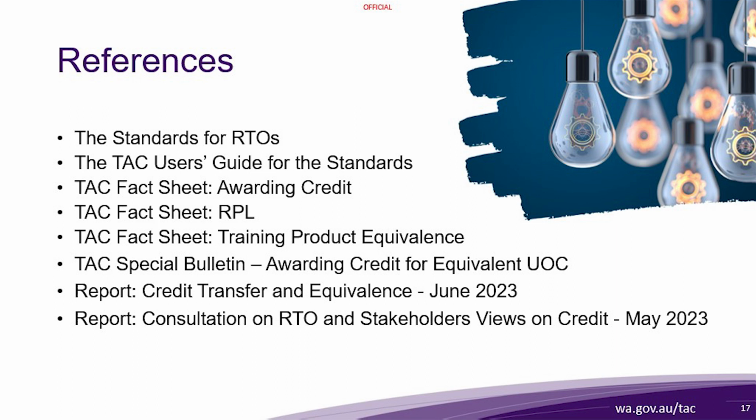And I might just say that that report, and there's a summary of it available on the TAC website, said that basically 72% of RTOs that responded to the survey supported TAC's strong position on the need to do a mapping if the chain of equivalence is two or more deep.